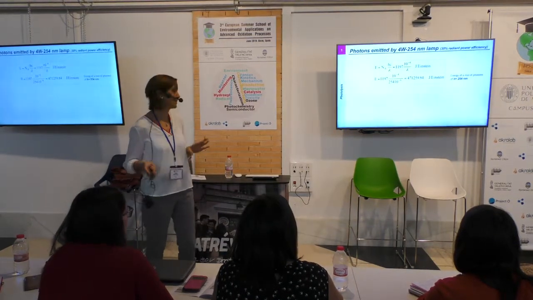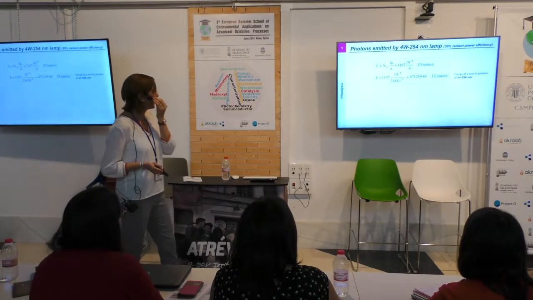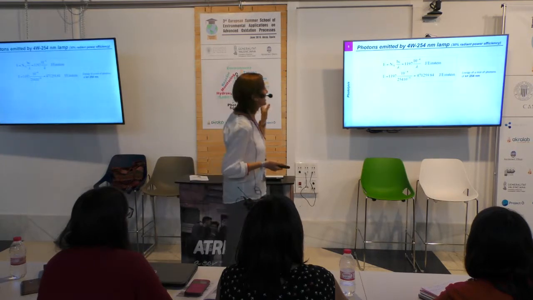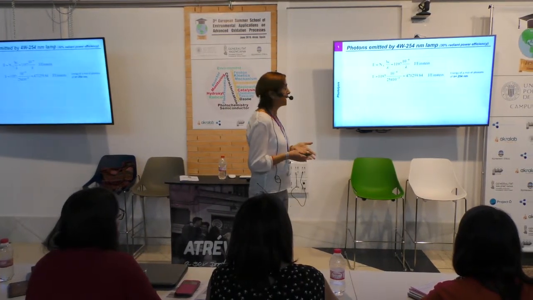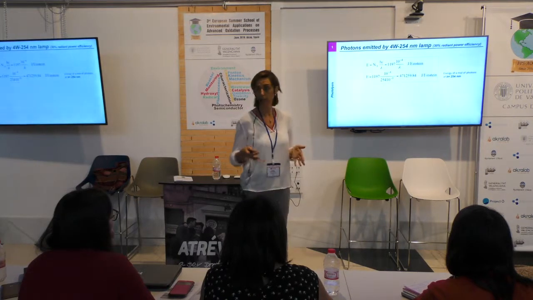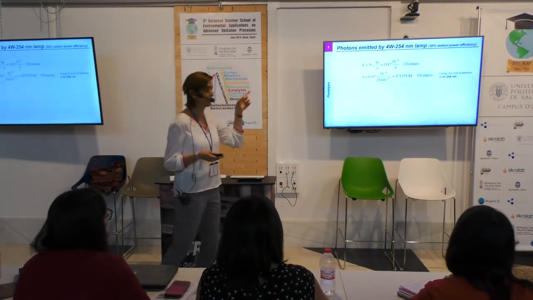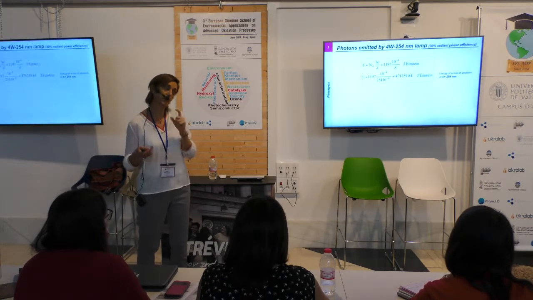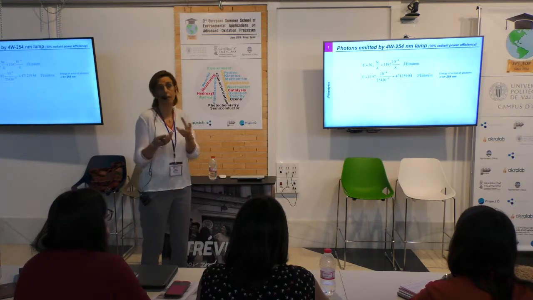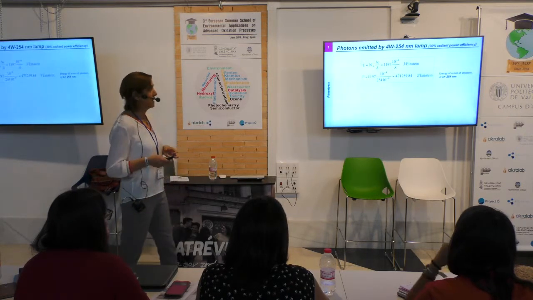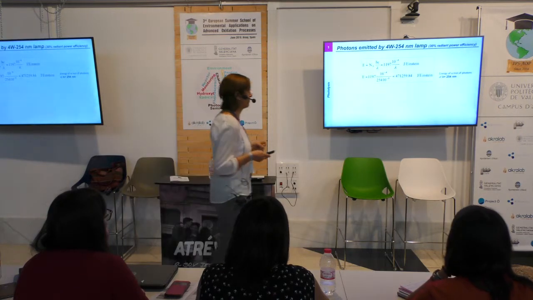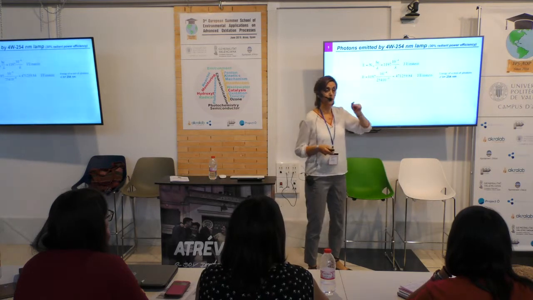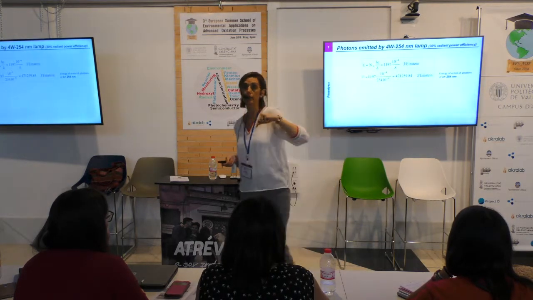This is a very basic exercise, but I hope it was interesting. For example, if we have a 4-watt lamp that emits mainly at 254 nanometers, and we know the radiant power efficiency of this lamp, that is the energy that is transformed into radiation from the energy consumed by the lamp, then using the Planck equation, we can know the energy contained in 1 mole of photons at 254 nanometers.